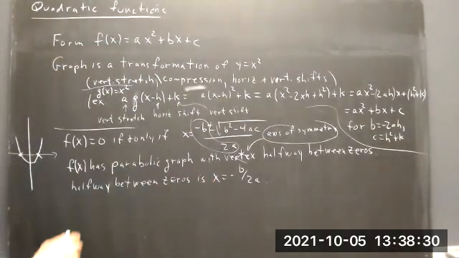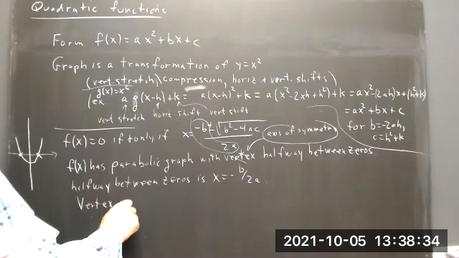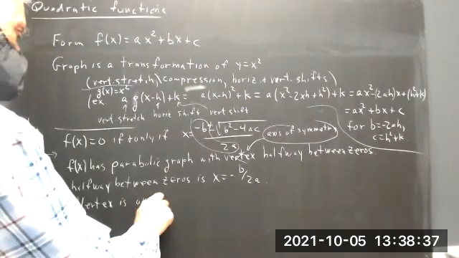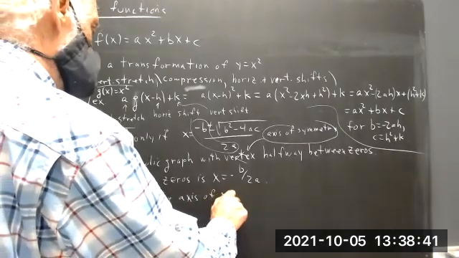There's your axis of symmetry. The vertex is on the axis of symmetry.